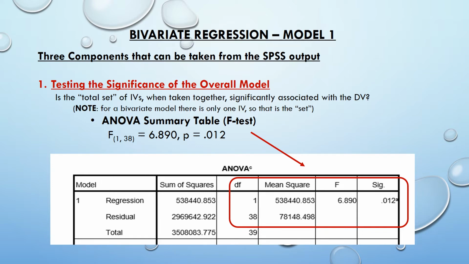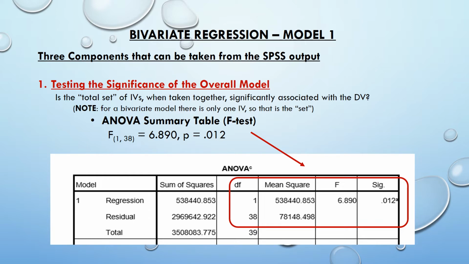And I'll come back to that. 2, if we have more than 1 independent variable, are the individual independent variables statistically significant? And then finally, we're going to talk about how we can use linear regression to make predictions. I think I've stressed that enough. That's the cool part that I like. So for this bivariate regression, we're only focusing from the output we saw before on model 1.